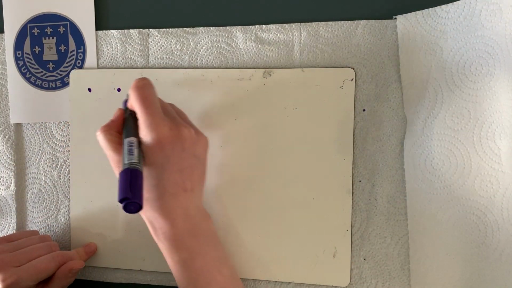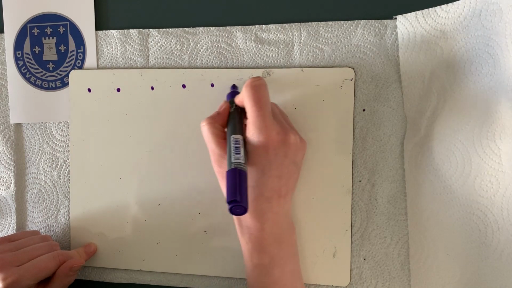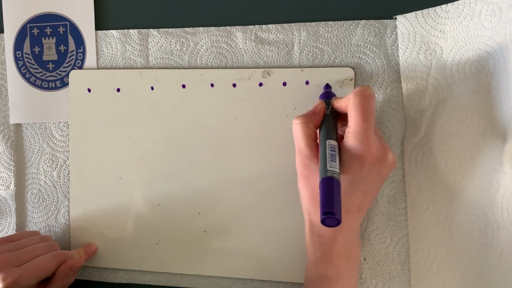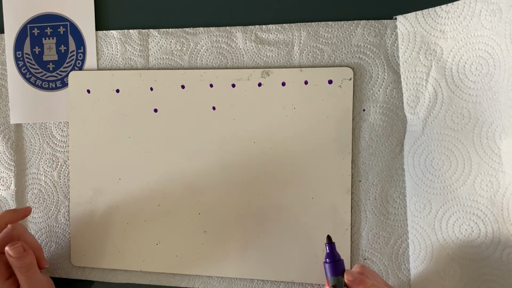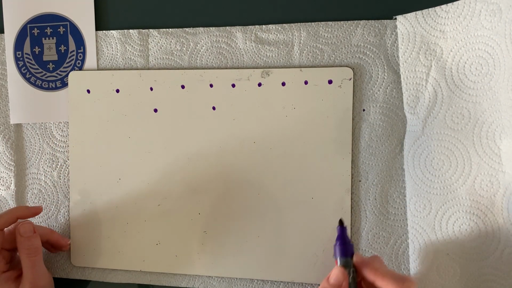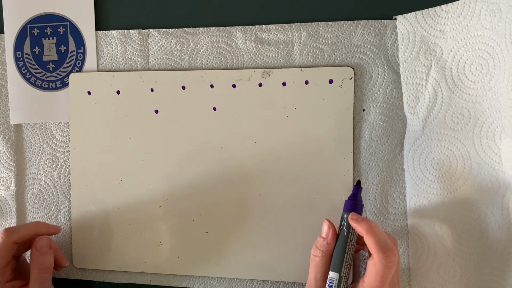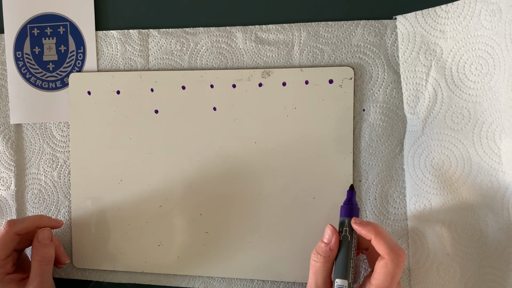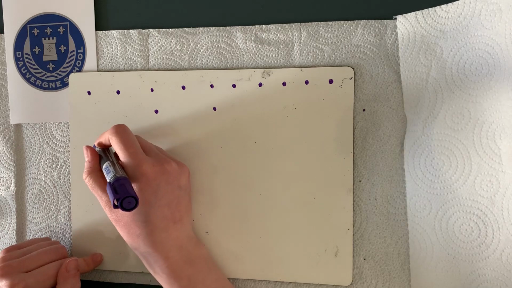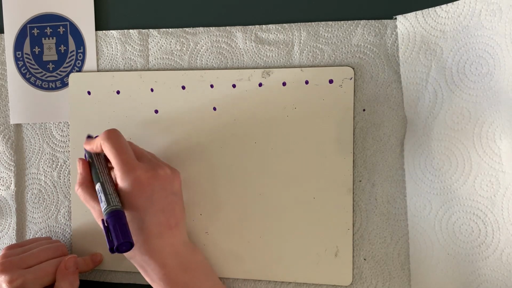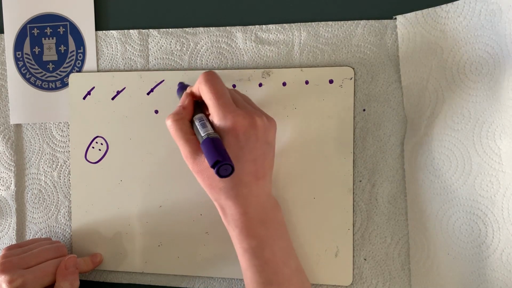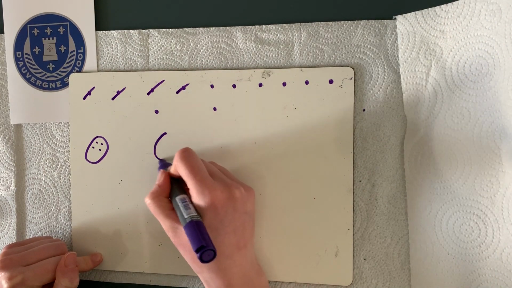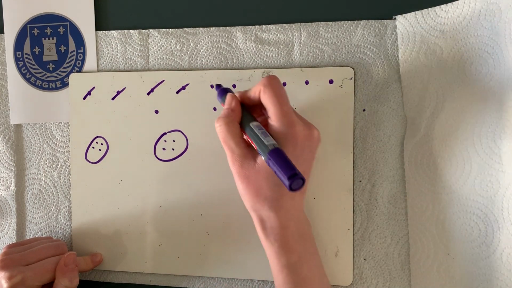Again, we can do this pictorially. So I've got my 12 dots at the top, that represents my 12 sweets. And we are sharing them into groups of 4 because he wants 4 into each group. So there's 4 in that group, and we can cross off 4. We need to make another group of 4.